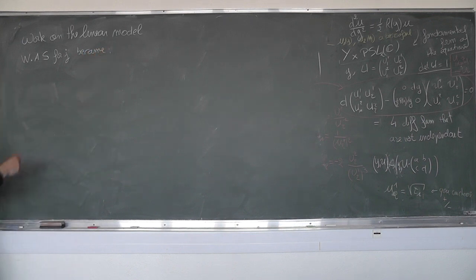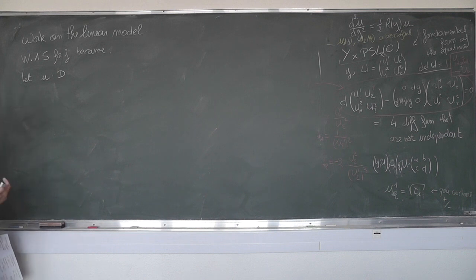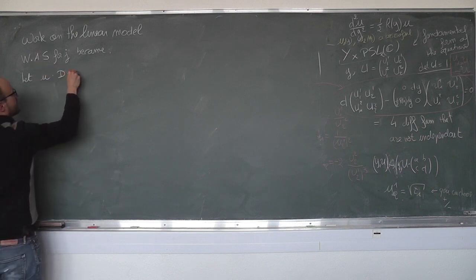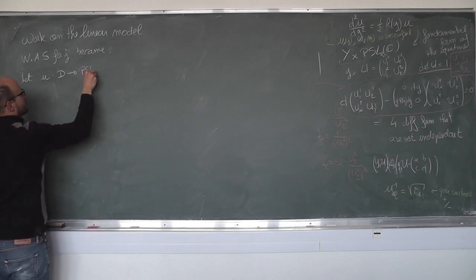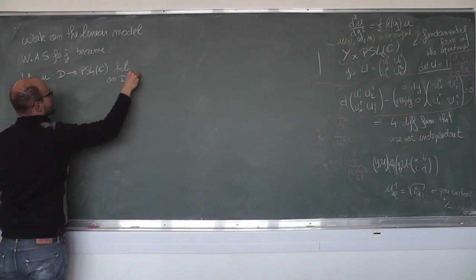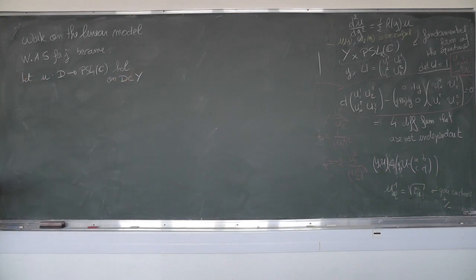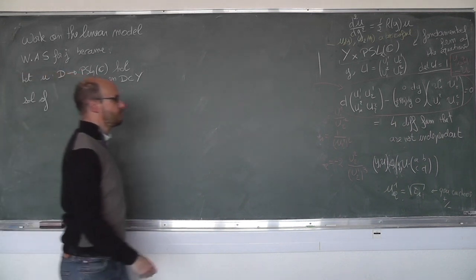the following. So you let u, small u, be a holomorphic function defined on some disk or polydisk. In our case, it's a disk with value in PSL2 of C, holomorphic on a disk in Y, which is solution of our differential equation here.